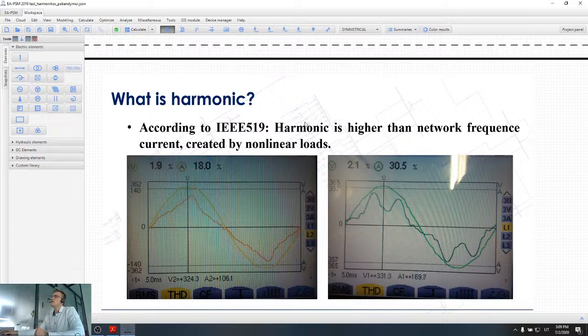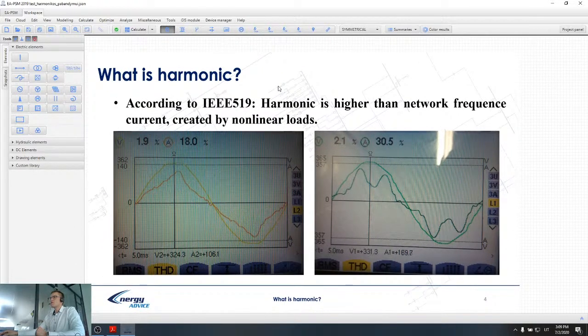So how do these greater frequency currents appear in the electrical network? Basically they are created by nonlinear loads like variable frequency drives, also transformers when they are saturated, and other loads with saturated, for example, metal parts, which can generate part of the harmonics.